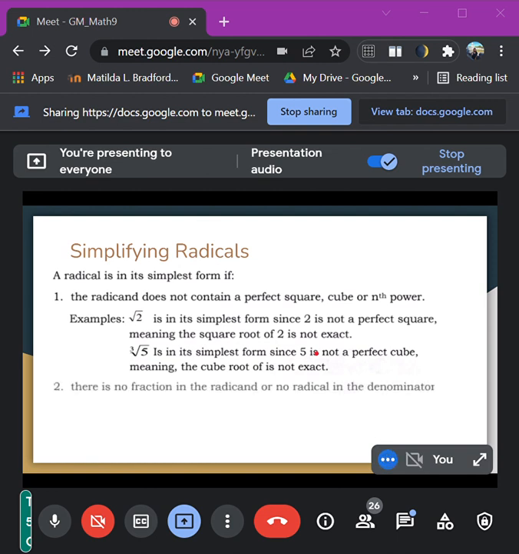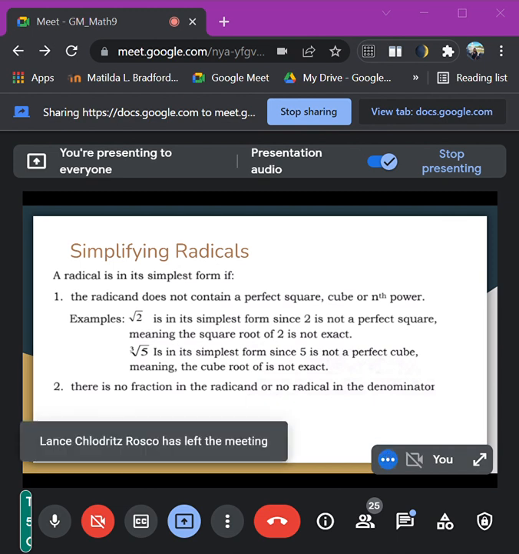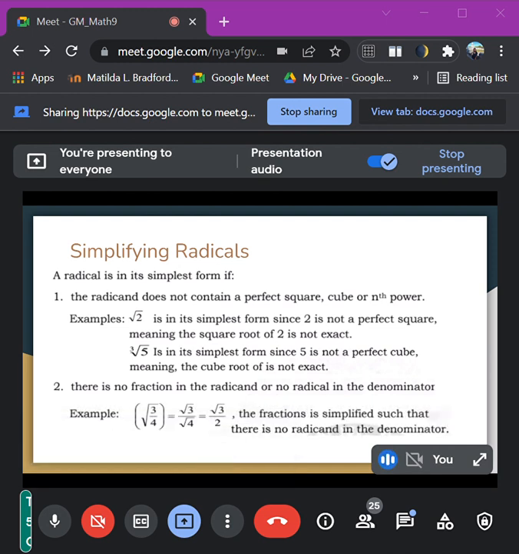And now, we have here number 2. There is no fraction in the radicand and no radical in the denominator. Remember, no fraction in the radicand, no radical in the denominator. So, we have our example: the square root of 3/4.